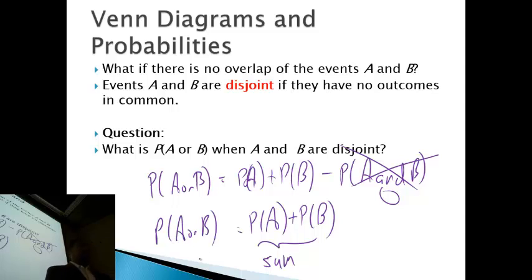So when they're disjoint, you just add up the probabilities. Very simple. No subtraction, none of that stuff. If someone's left-handed or right-handed, or I'm sorry, their dominant hand, right? You can be ambidextrous, I guess, but you should still have a dominant hand.